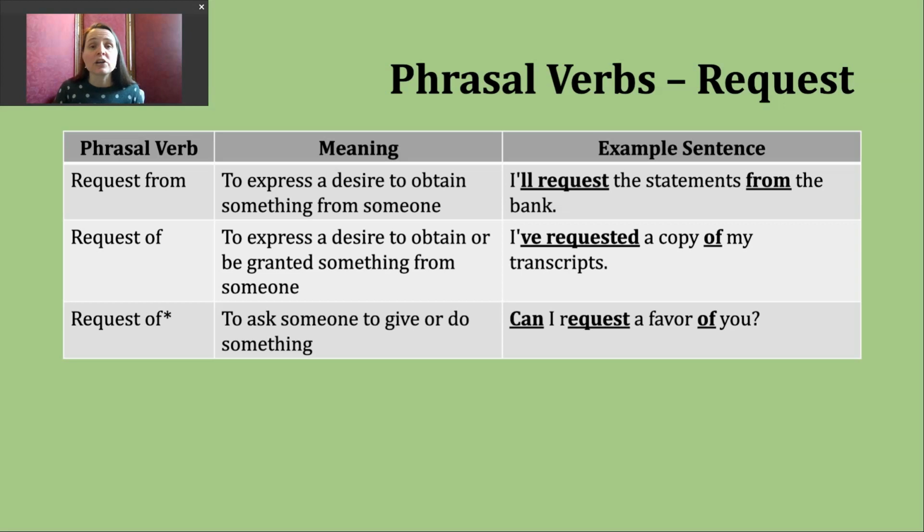The last thing I want to note here with our phrasal verbs is sometimes you're going to see of and from used in the same sentence. So let's look back at our second example, and I'll add on just a bit here to show you what I mean.